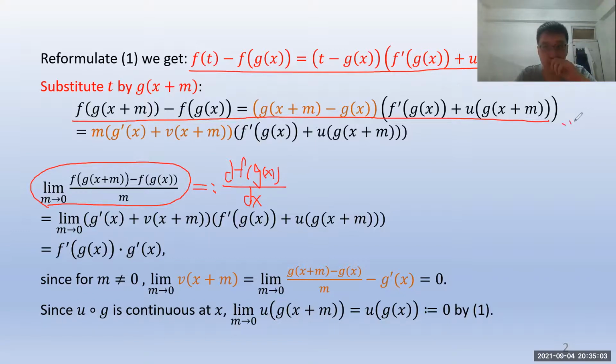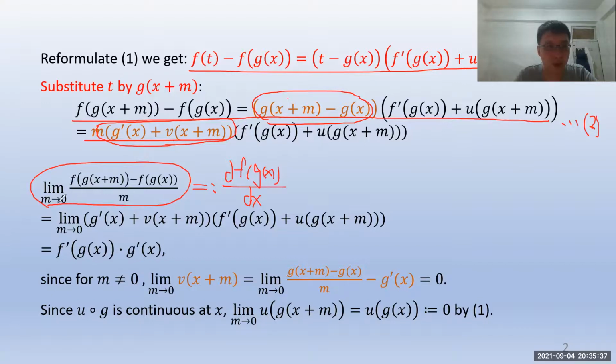We call this relation equation 2. So g(x) plus m minus g(x) equals these two terms. These two terms have the same circle in brown color. This term equals this term here.